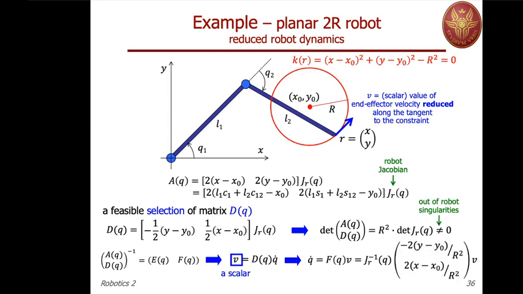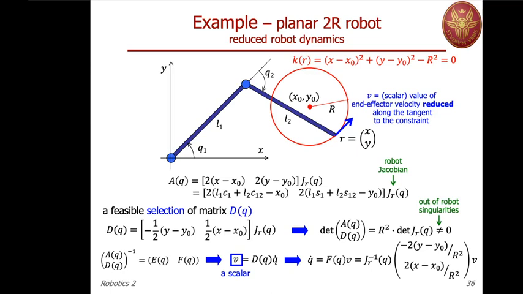And in fact, the reverse is true. The only feasible joint velocities q dot that will satisfy the constraint can be parameterized by the inverse of a velocity which is only tangent to the constraint at the given configuration.